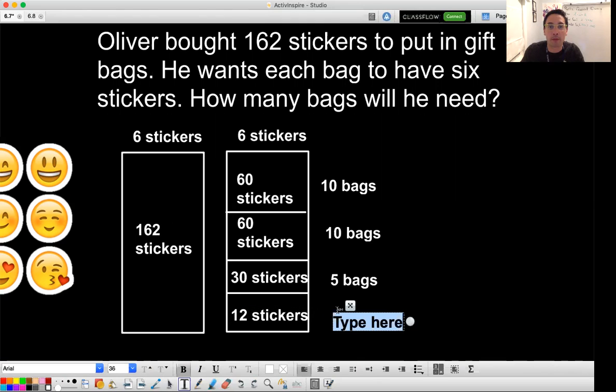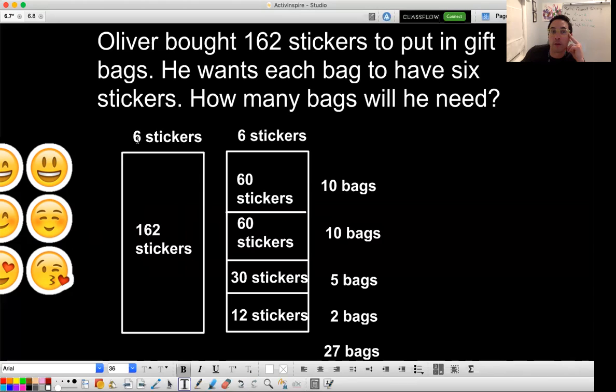How many bags would that be? 2 more bags. So now how many bags will he need total? 10, 20, 25, 27 bags. That's it. So that's just one strategy to solve this.